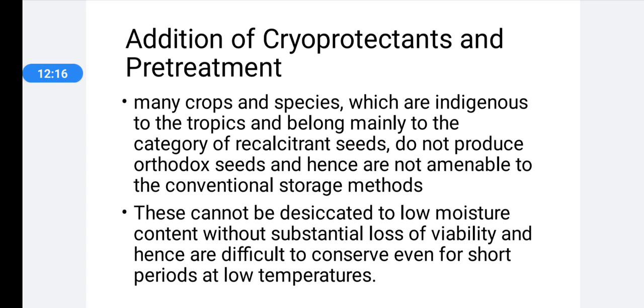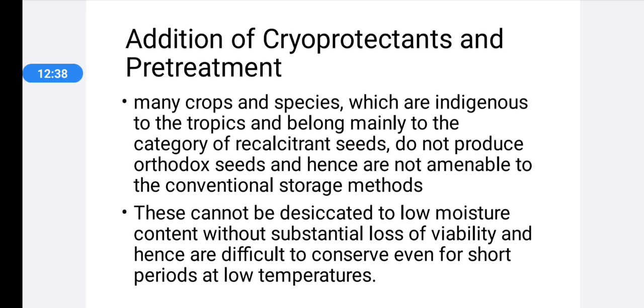The next step is the addition of the cryoprotectants and pre-treatment. If you are taking many crops, especially of the tropics, they belong to the category of recalcitrant seeds. That is, they do not produce orthodox seeds, so we cannot store their seeds by conventional methods.